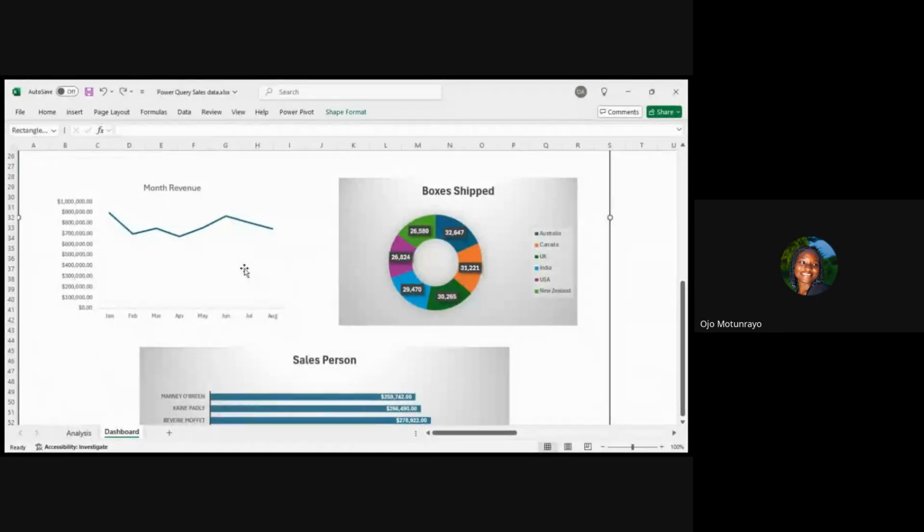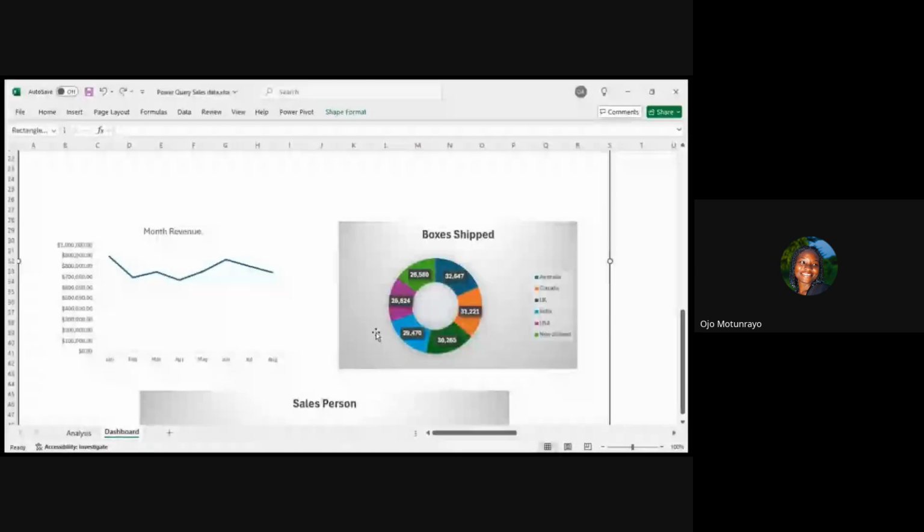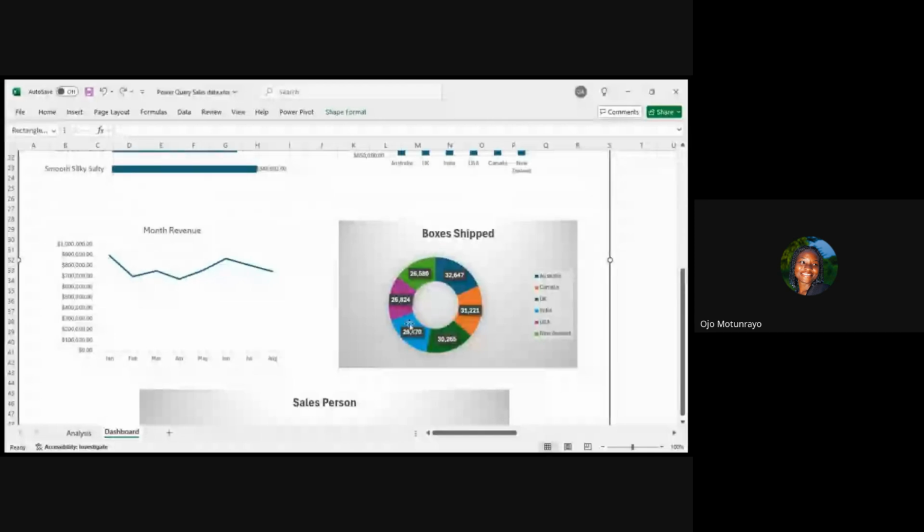Boxes shipped, your choice of charts. Why don't you use normal charts instead of this? Even for salespersons, you do use normal charts. Monthly revenue, you have to remove the figures at this side.